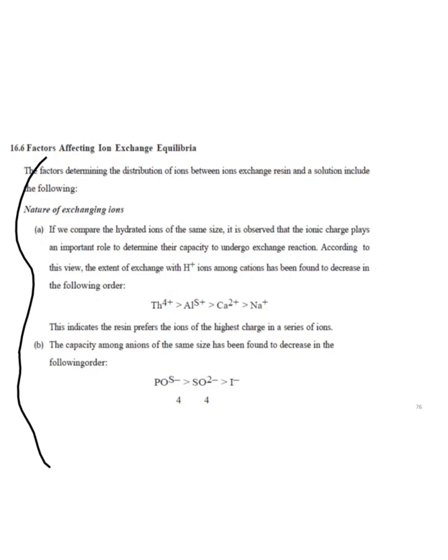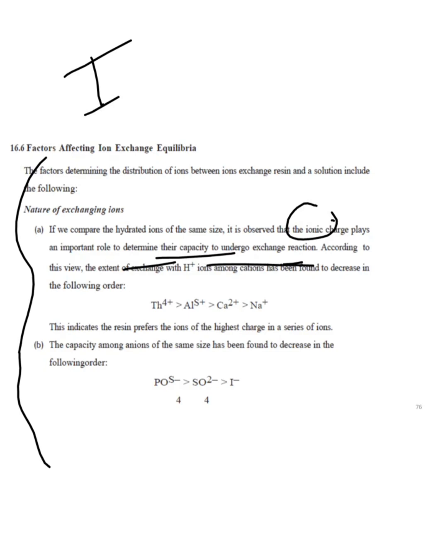The ion charge plays an important role to determine the capacity to undergo exchange reaction. So here ionic charge plays an important role. That's all. In ion exchange chromatography, the importance is the ion only. It plays an important role to determine the capacity to undergo the exchange reaction.